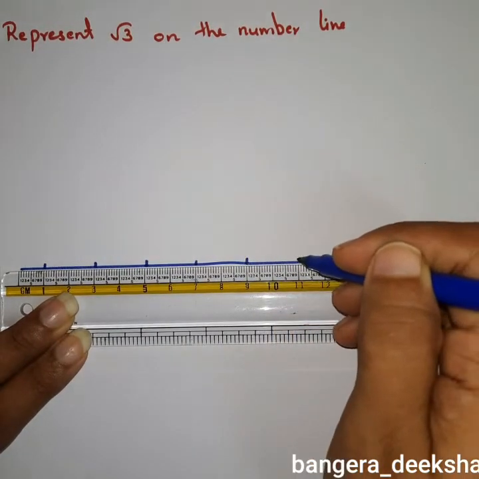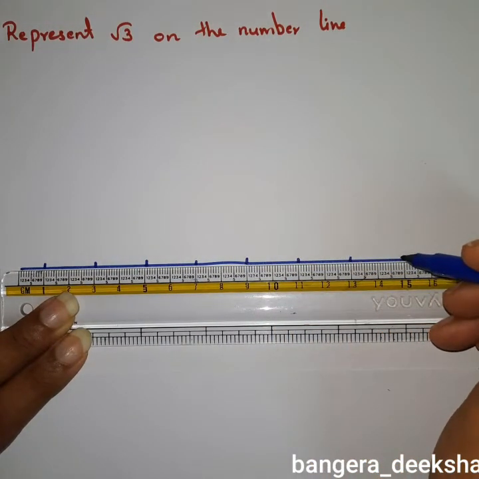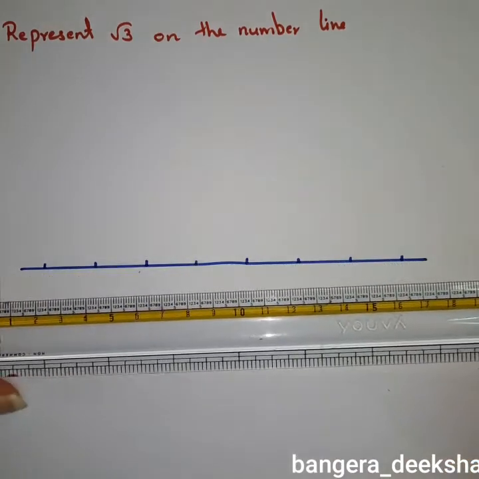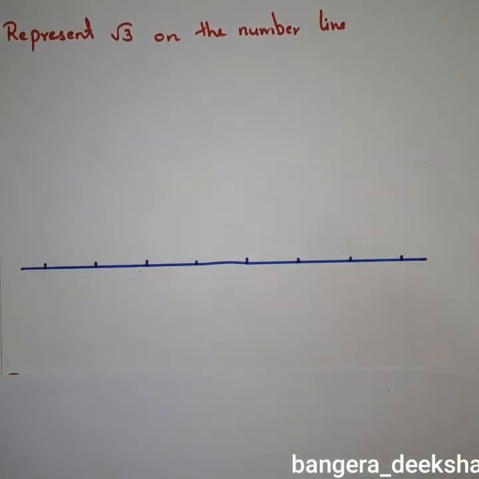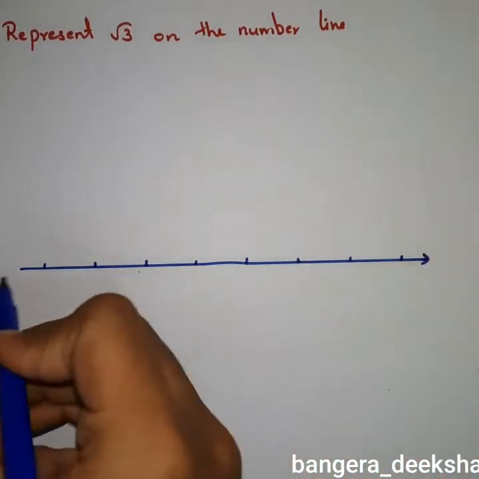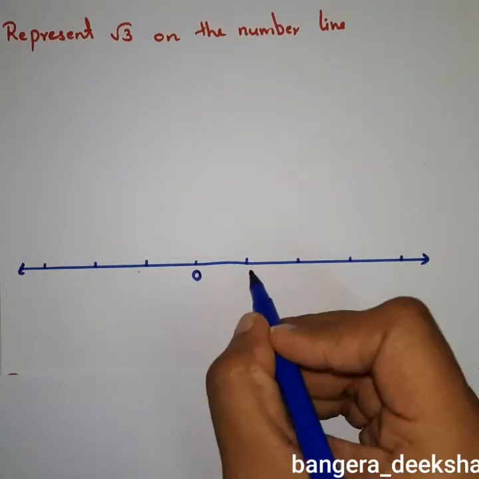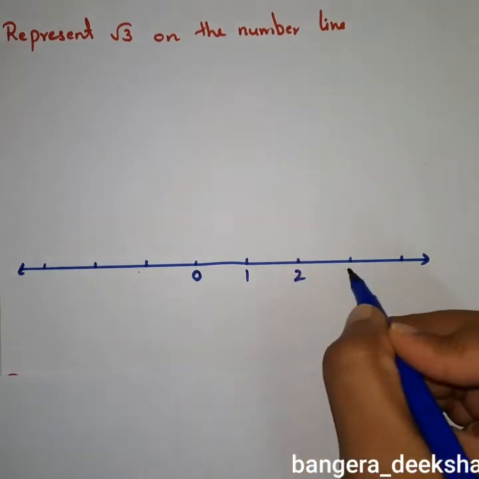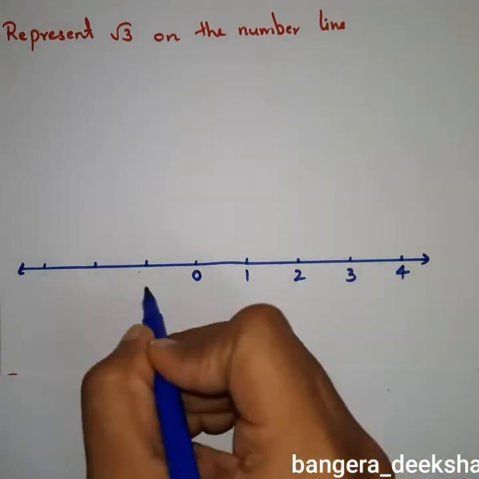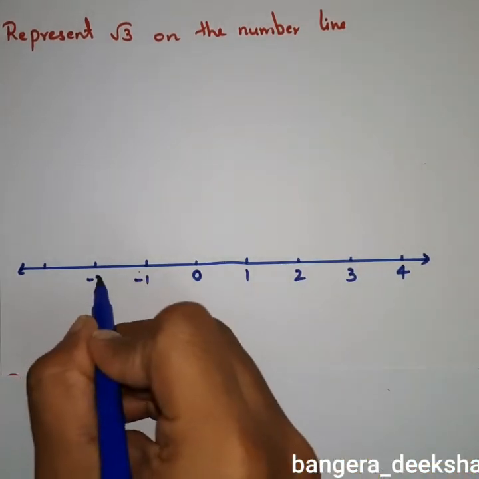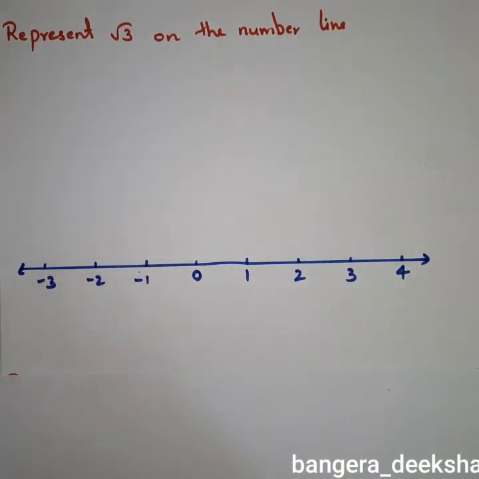When you mark for 2 centimeter, you will get a more defined image. After marking it, add arrow marks to show that the line is continuous. I will mark 0 here, 1, 2, 3, 4, minus 1, minus 2, minus 3.